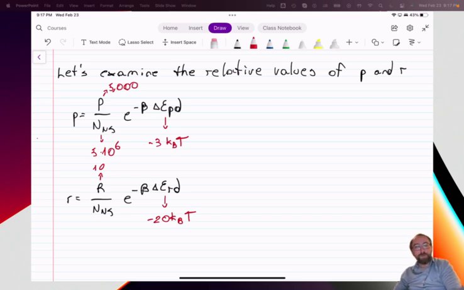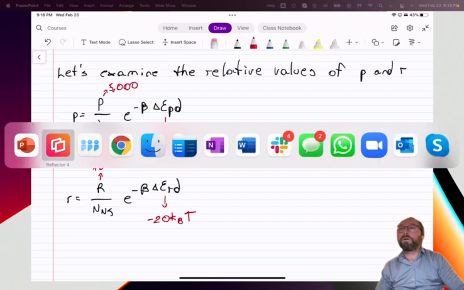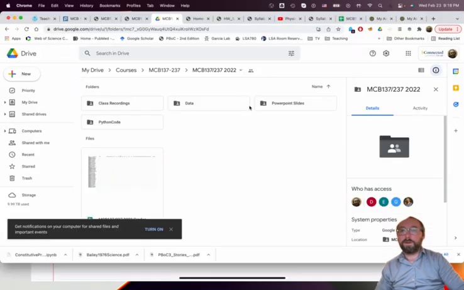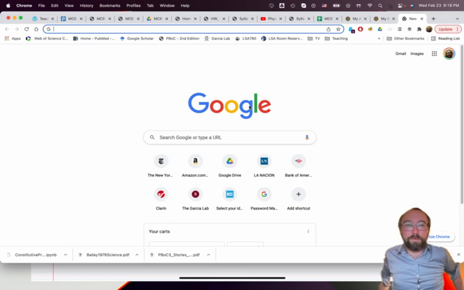Okay, so now let's do the math for these. I guess I can do it. I'm running out of screens here, so maybe I'll do it here. Let's see. It's all there, on the MCB website.